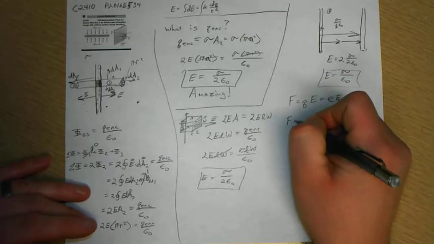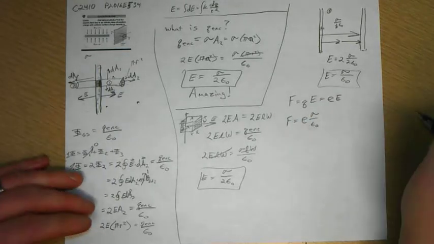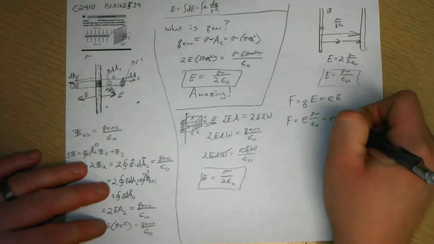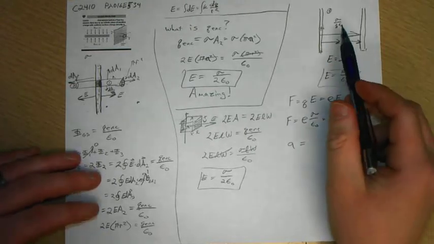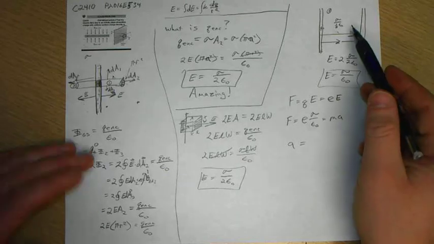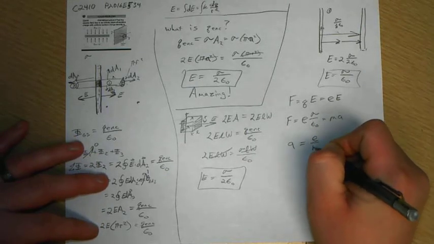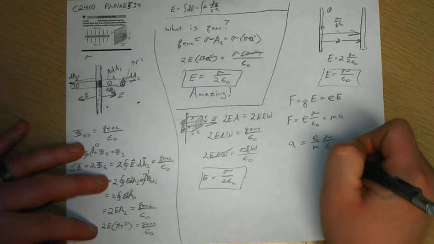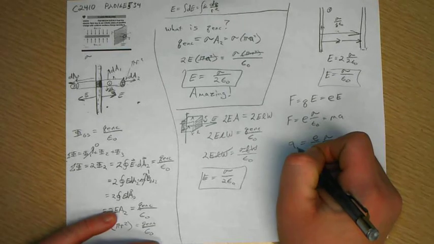So the force is just e times sigma over epsilon naught, and that equals mass times acceleration. So you could say the acceleration of a proton put into a parallel plate capacitor is e over m times sigma over epsilon naught.